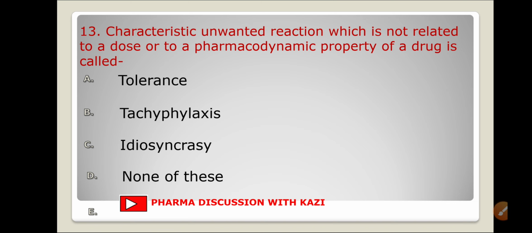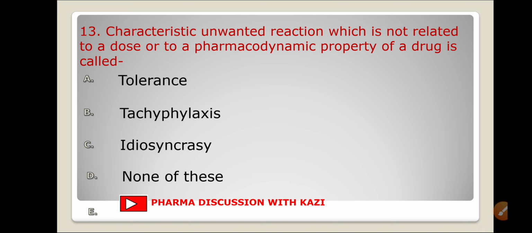Here tolerance means when an unusually large dose of drug is required to elicit an effect ordinarily produced by the normal therapeutic dose of drug. Tachyphylaxis is a rapidly diminishing response to successive doses of a drug, rendering it less effective.